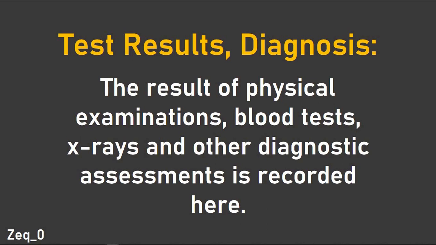For example, if we did a blood test for the patient, we should record it in the test results section. The diagnosis means identifying the disease and illness by examining the patient. So we should write the diagnosis here too. We should write what the patient is suffering from.